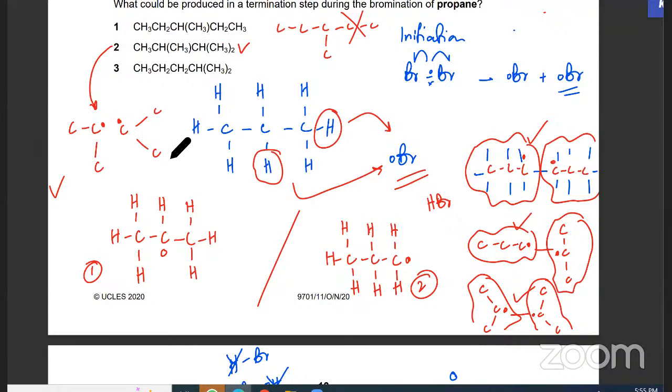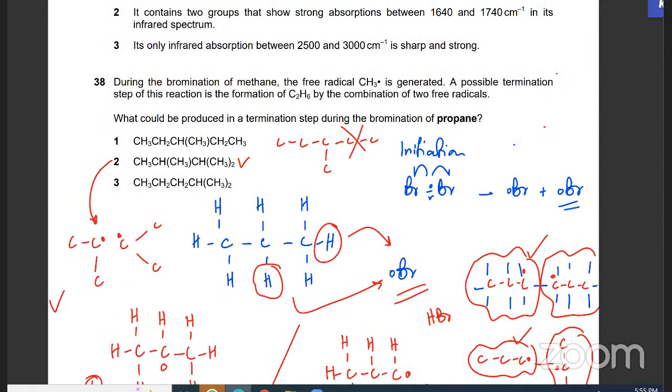Yes, sir. So what about the last one? The last one is, I think, this one. If I draw this, the last one looks like this. It's 3 carbon atoms in a line, and then there's a carbon atom, and on that carbon atom there are 2 carbon branches.